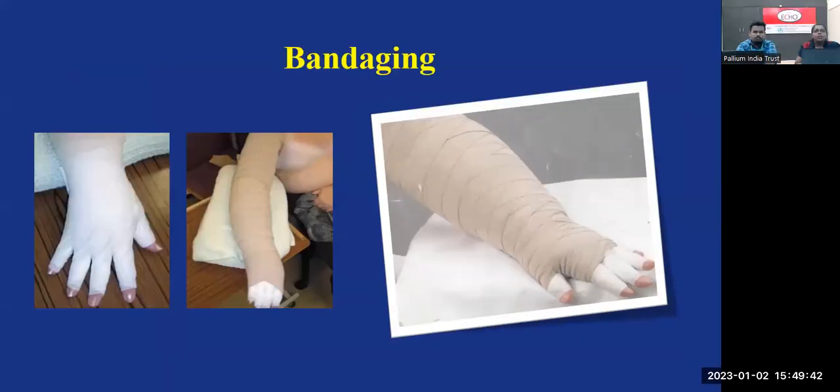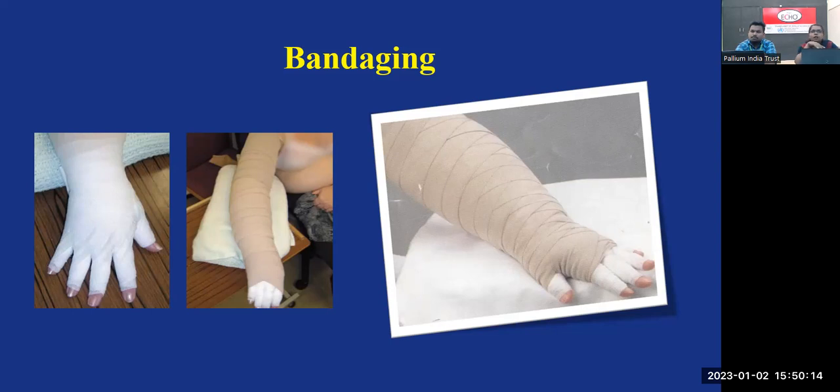I hope you are all clear with the manual lymphatic drainage. As I discussed earlier, you have to take a measurement first, and then you can advise the patient to take a deep breath exercise, and then you stimulate the superficial lymph nodes on the opposite, non-affected side first, and then make a pathway for moving the fluid from the affected area to the non-affected area.